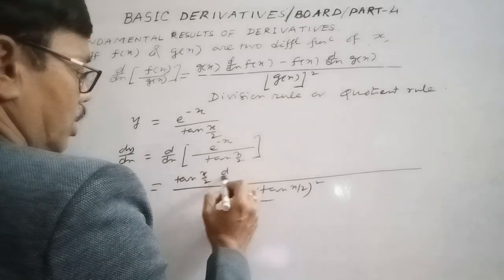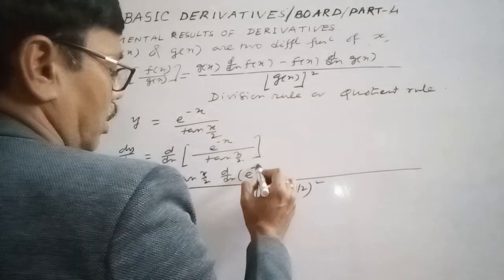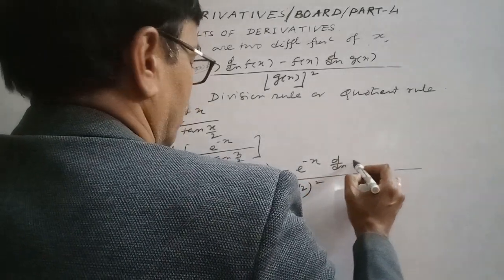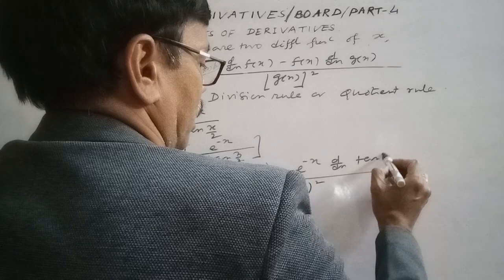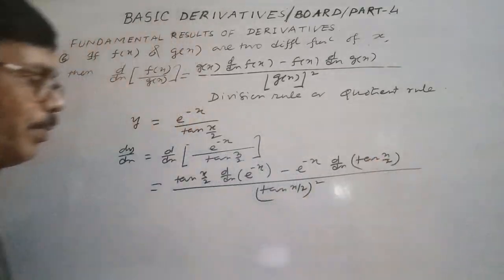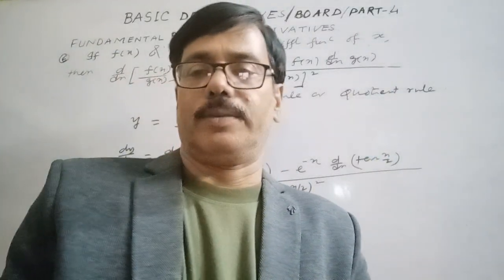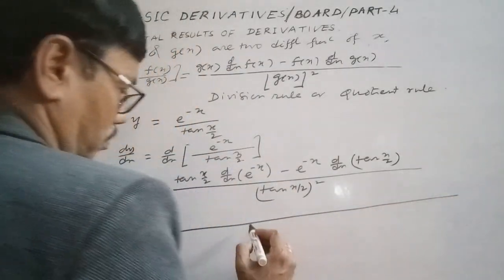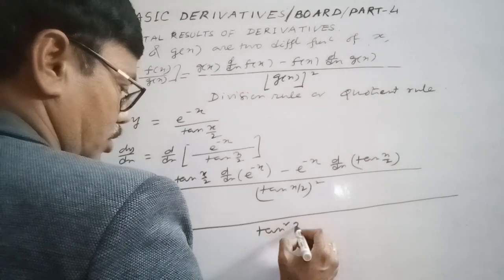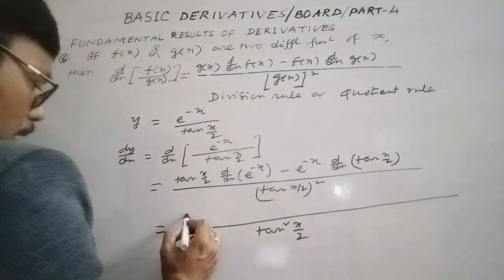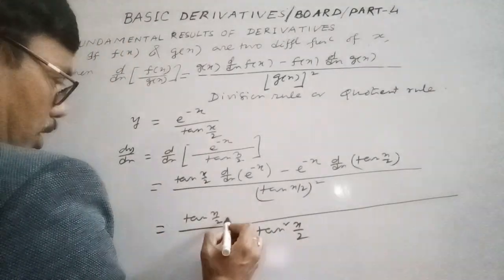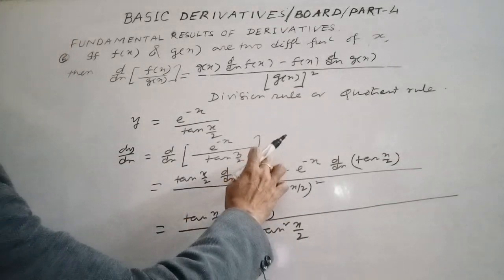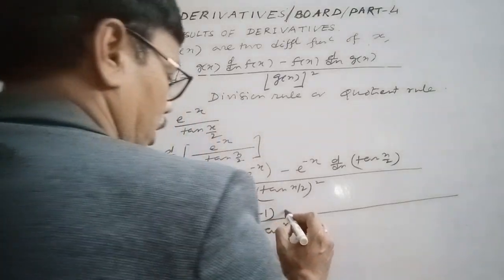Tan x by 2 unchanged, d/dx of e to the power minus x. E to the power minus x unchanged, d/dx of tan x by 2. Use the formula, then put the basic results. So tan square x by 2, tan x by 2 into e to the power minus x into minus 1. Mind it, e to the power minus x and coefficient of x.